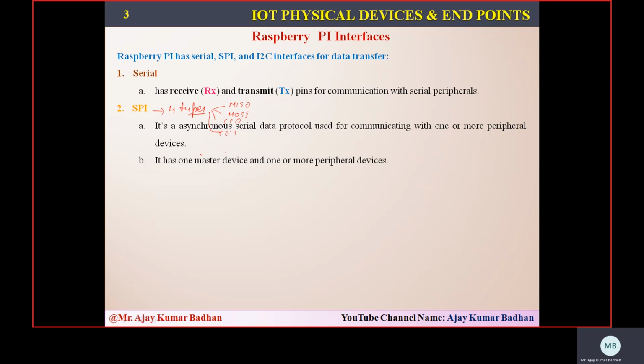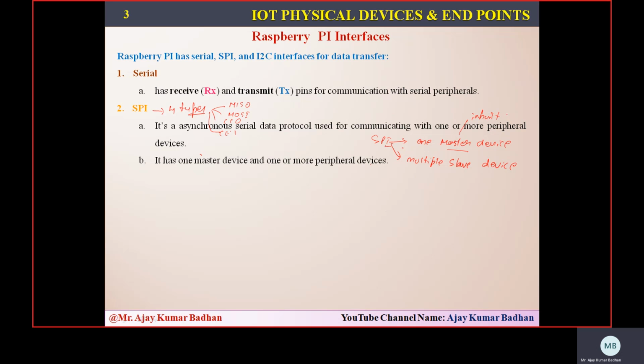So here, basically SPI will have one master device and multiple slave devices. This is something you can imagine: the master device is nothing but what is inbuilt in the board.